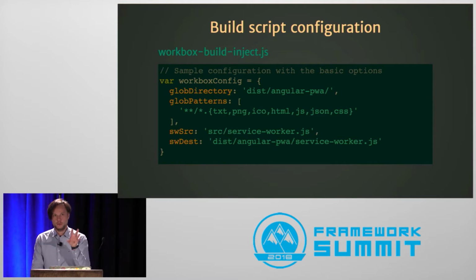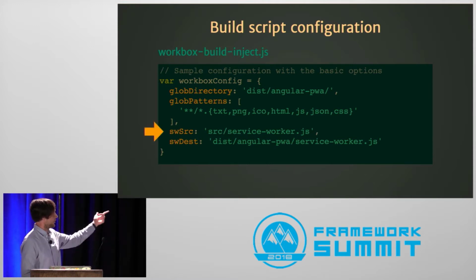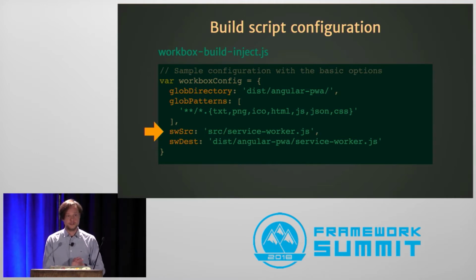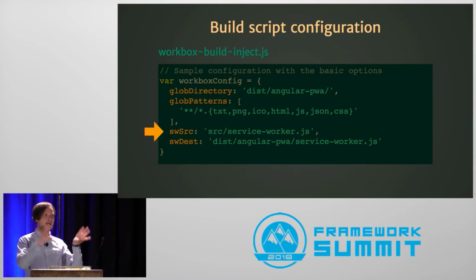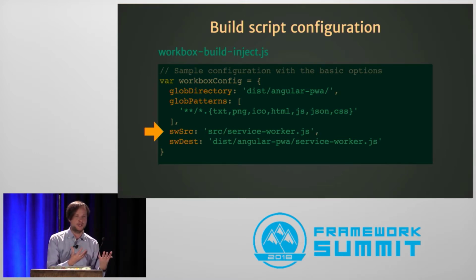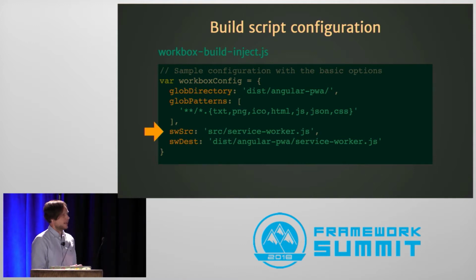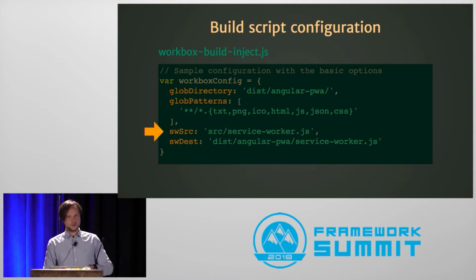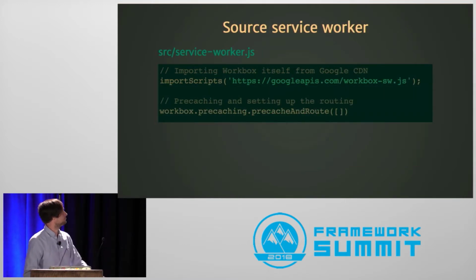So now we know what we want to inject, but where do we want to inject it? Here in our source service worker, the one we actually have as our own one, right? So let's have a look at how this service worker file could look in its simplest form.